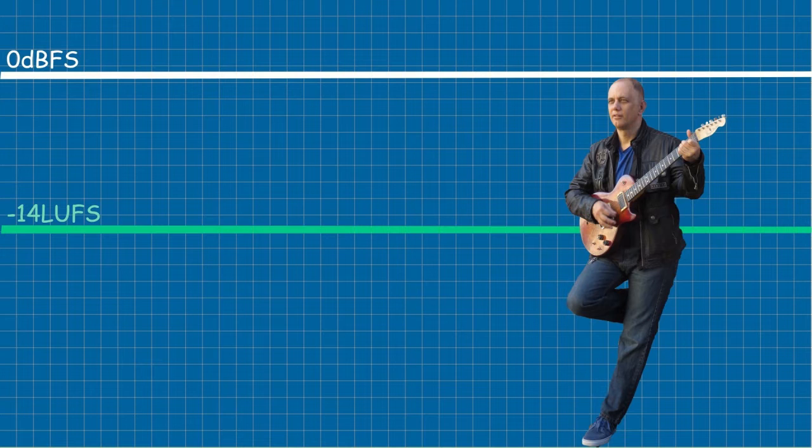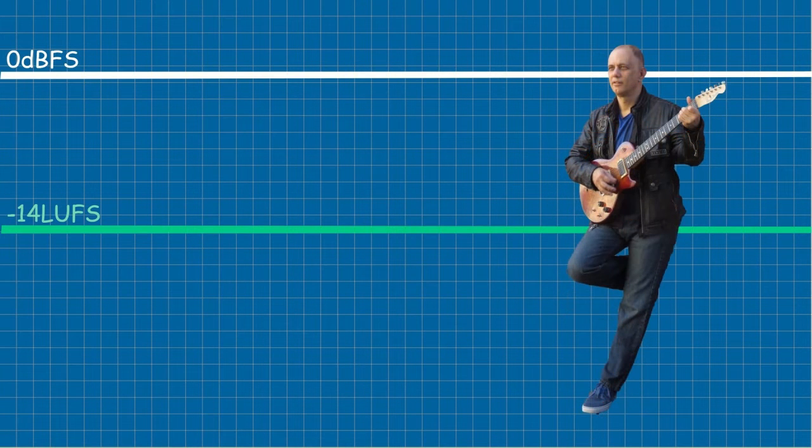So we go to our fancy DAW and we normalize to minus 14. Now remember, LUFS is a measurement of average loudness, so it's going to take the average represented by the crotch and turn it up until it's equal to the line. But look at what happens to his head. He has no headroom. His head is in no man's land where there's ugly digital distortion.